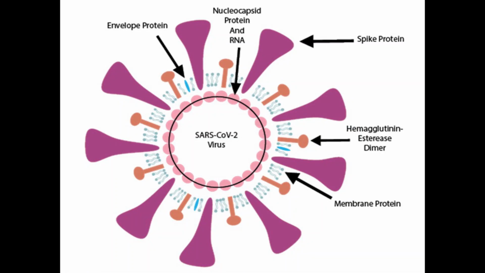It has single-stranded RNA in the center, a protein coat, the cell membrane around it, hemagglutinin protein, and S protein. And that's what makes it different, the S protein. The hemagglutinin is similar, not identical, to the flu virus.